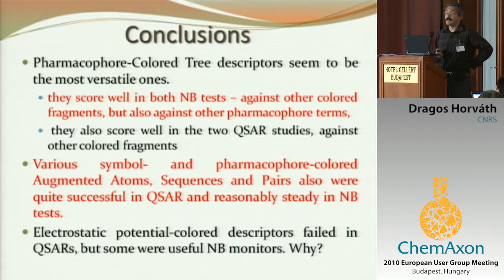Now, why is that? One possible explanation is that their dimension is much higher. It happens that you say, well, how come you only have 5 electrostatic potential types, but you have 6 pharmacophore types? Yes, but it doesn't mean that all the combinations of the 6 pharmacophore types are equally populated.